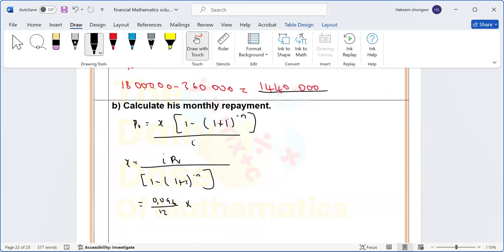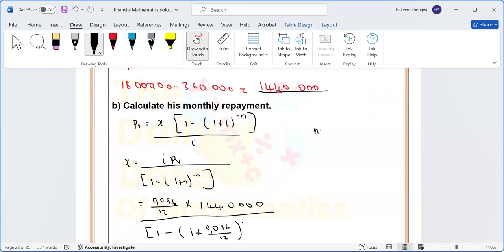The present value is not going to be 1.8, it's 1,440,000. All over 1 minus (1 plus 0.096 over 12), to the power of minus n.